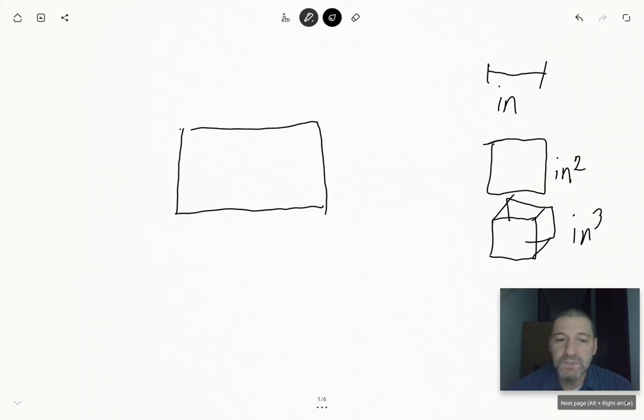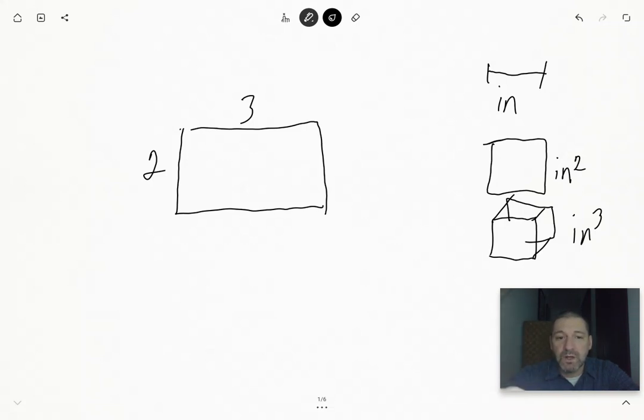Okay, so in this rectangle here, we're going to consider the perimeter and the area of this rectangle. The perimeter is the distance around. If we were putting a fence around this rectangle, how far would that fence be? How many inches?